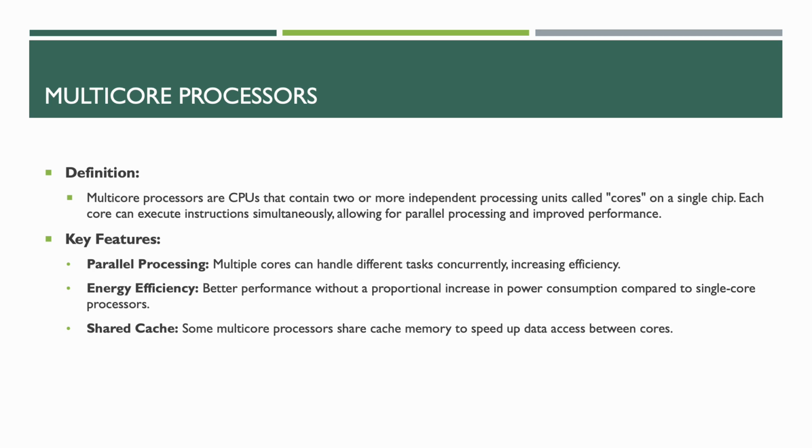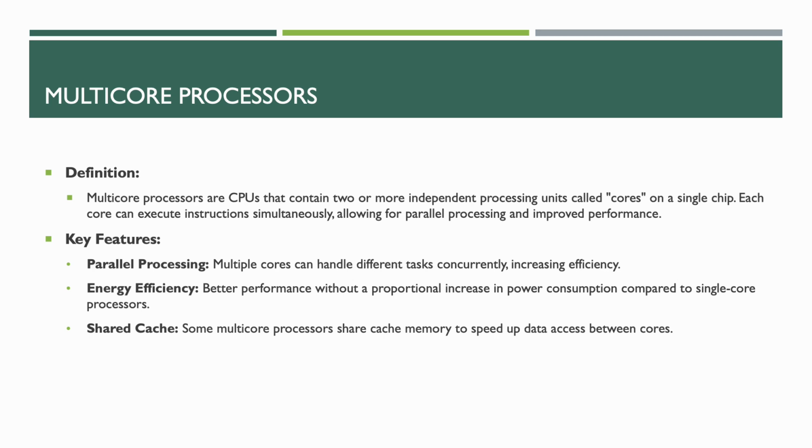So, key features are parallel processing, where multiple cores handle different tasks concurrently, leading to better efficiency and speed. Unlike single core processors that execute one task at a time, multi-core systems enable multitasking and high performance computing.